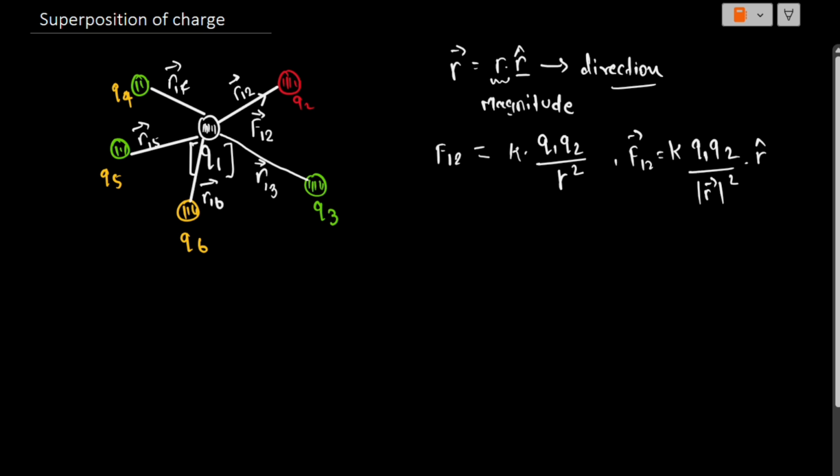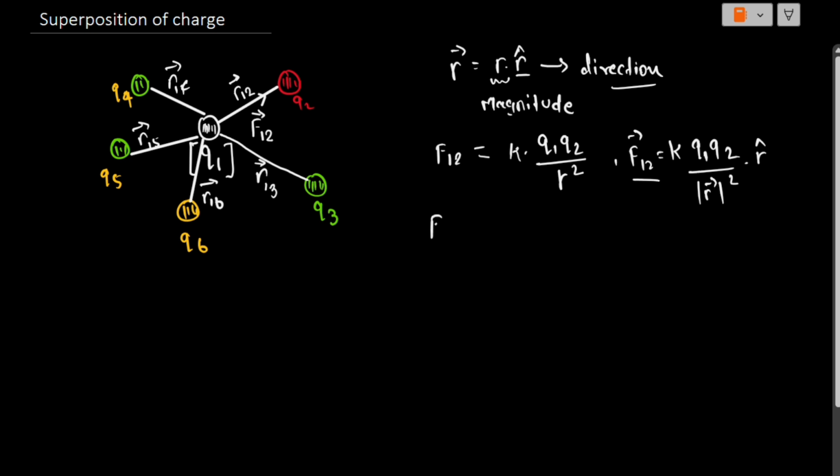So all charges will apply force on this Q1 charge. What superposition of charge tells us is that the net force on a specific Q1 charge is equal to the vector sum of all individual forces, right? So basically the first force imposed on the Q1 charge is F12.